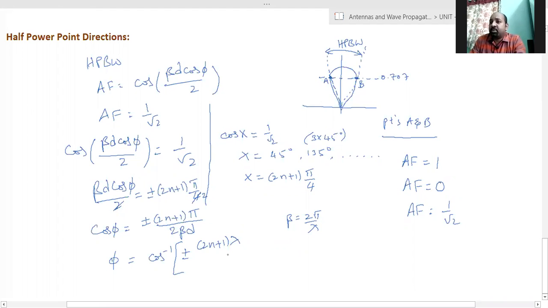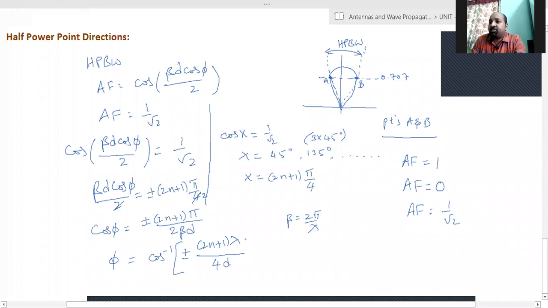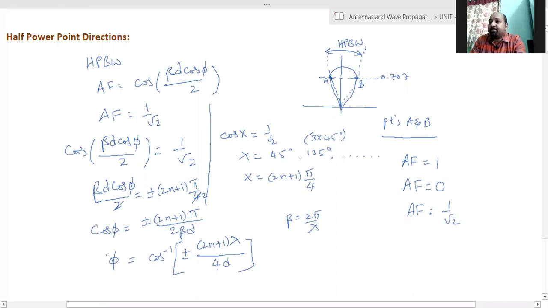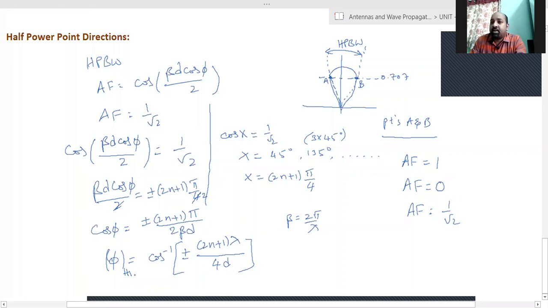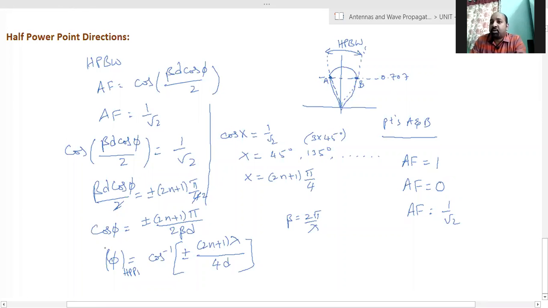So if we substitute and simplify, what will we get? 2 pi and pi will get cancelled and we have 4d. So this you will get, and this one is the half power point directions.